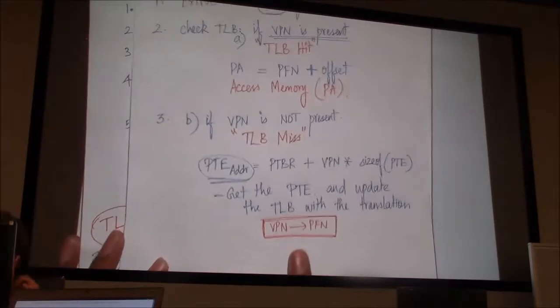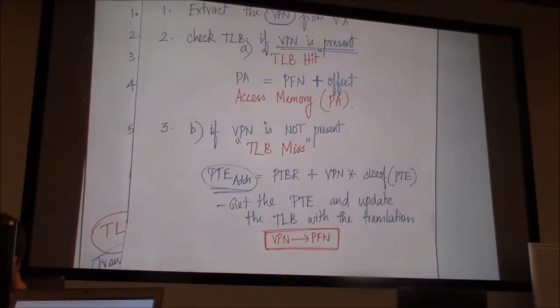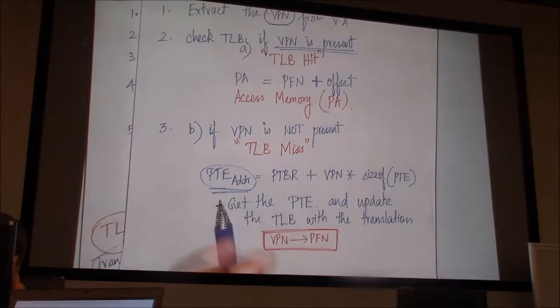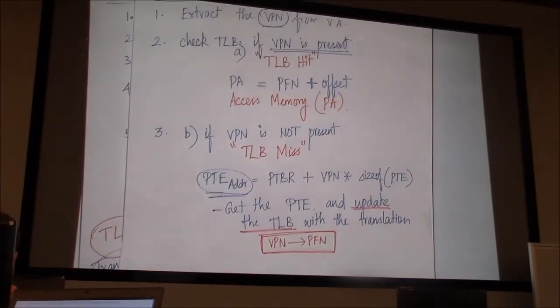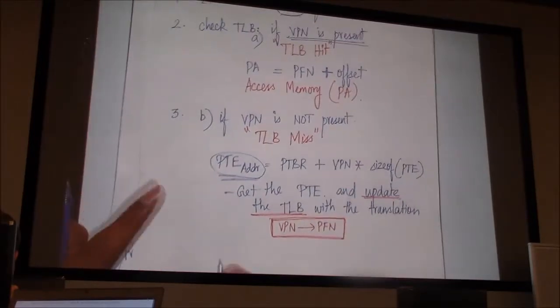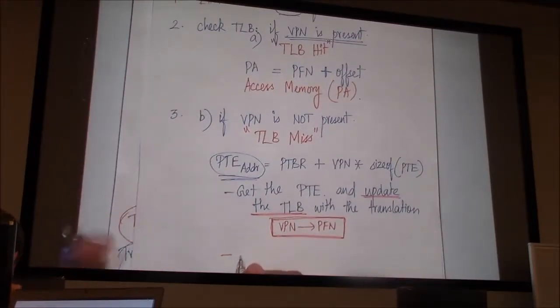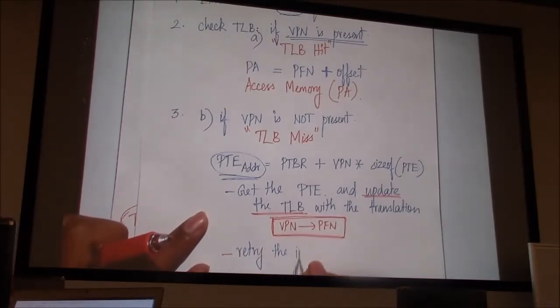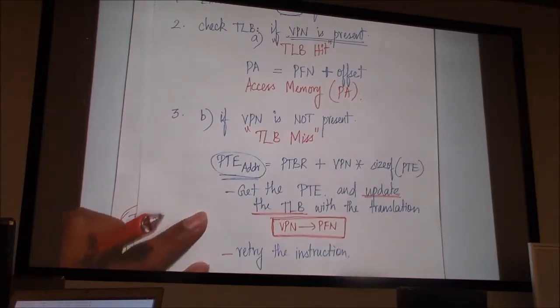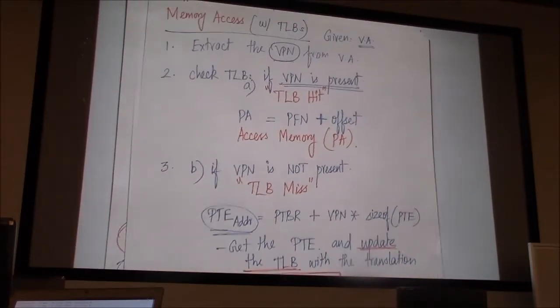Okay, so now we get this translation, update. The important part is updating the TLB with that particular translation, and then all we are going to do is just retry that particular instruction. Retry the same instruction.